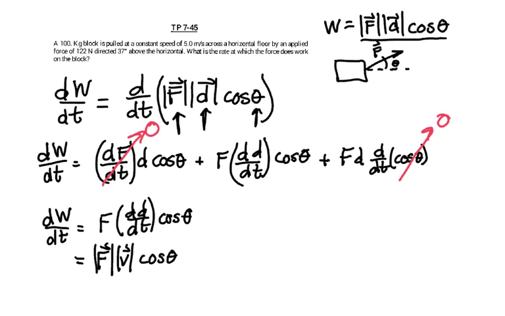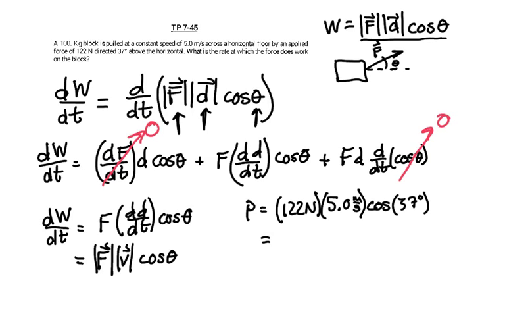Now we can actually put in our given values because we have a magnitude of the force, we do have a magnitude of the velocity, which is our speed, and we have an angle. So we have our algebraic solution here. So power of our constant force is equal to 122 newtons times 5 meters per second times the cosine of 37 degrees.